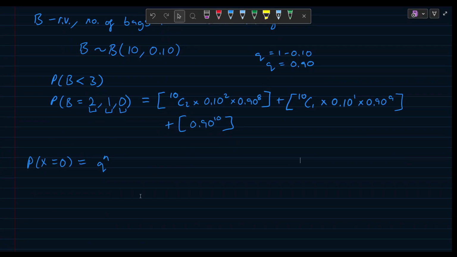Alright, perfect. So now let's punch this into the calculator. The probability that B is equal to 2, 1, 0. Let's start with probability that B is 2.